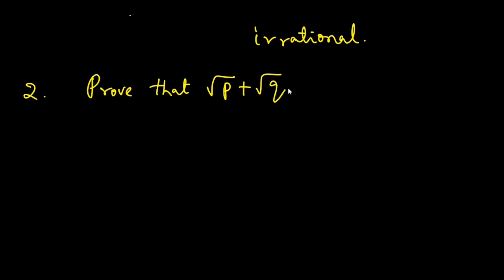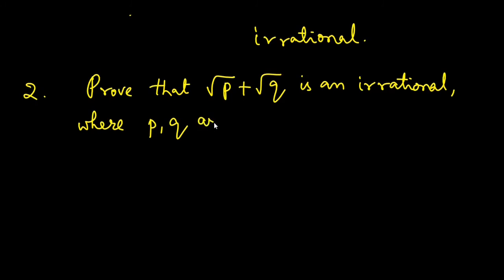Now, let us go to the second question. Prove that root p plus root q is an irrational number where p and q are primes.